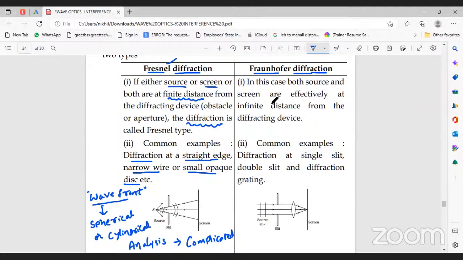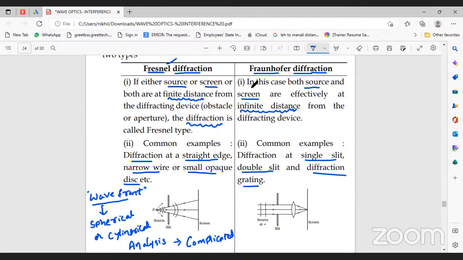But in the case of Fraunhofer diffraction, the source and the screen will be at infinite distance. For example, you can take the diffraction through a single slit, a double slit, or a diffraction grating. Even the diffraction grating is an example of Fraunhofer diffraction.